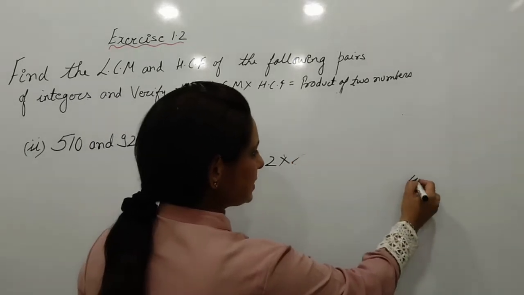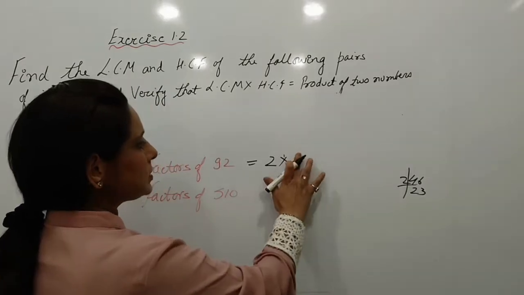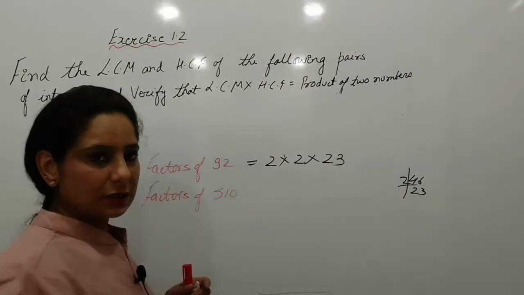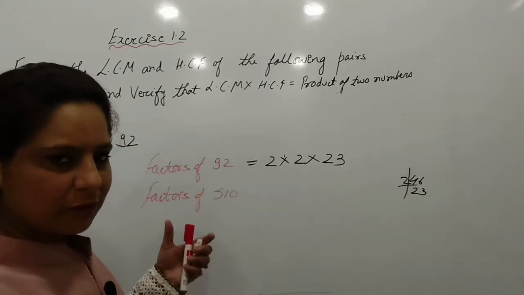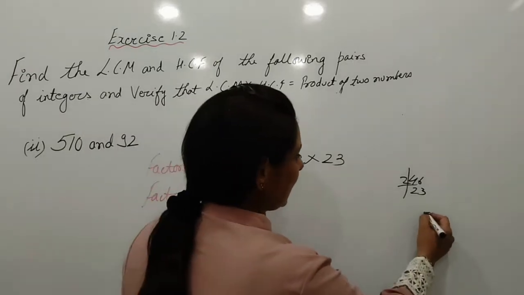So 46 is more factorable. So that means it will be 2 into 2 into 23. You can make the prime factors in the rough column and then you can write here. I am directly writing, right?